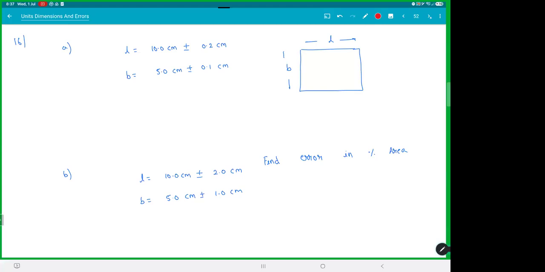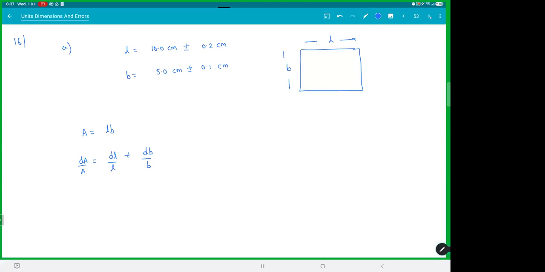So what's the answer for this? Look at the first one. Direct formula substitution. Area is equal to LB. If I use the power rule, dA by A is equal to dL by L plus dB by B. How do I get that? Put a ln on both sides and differentiate.